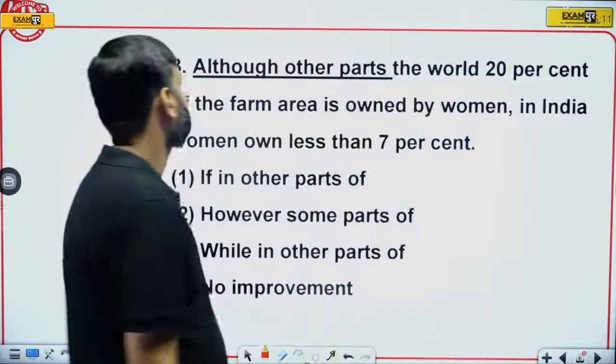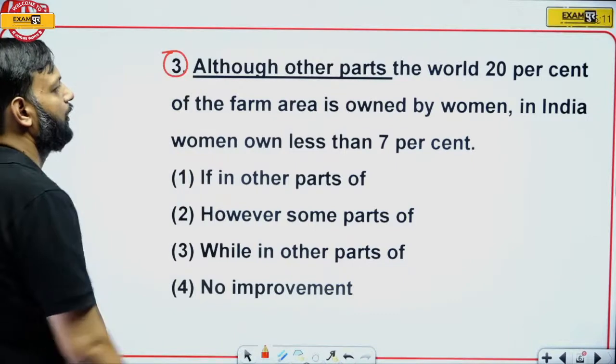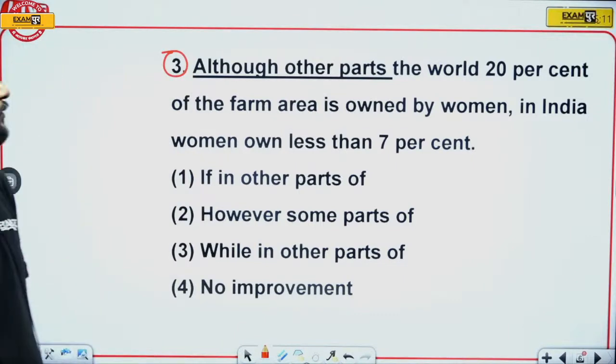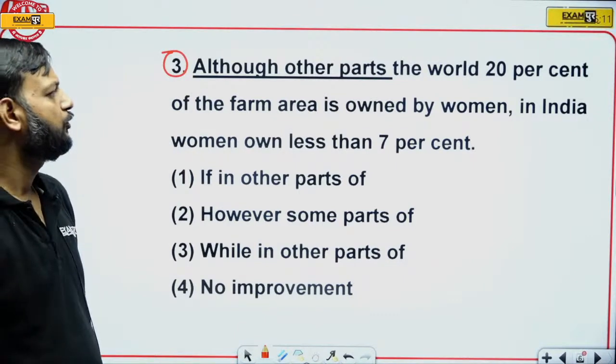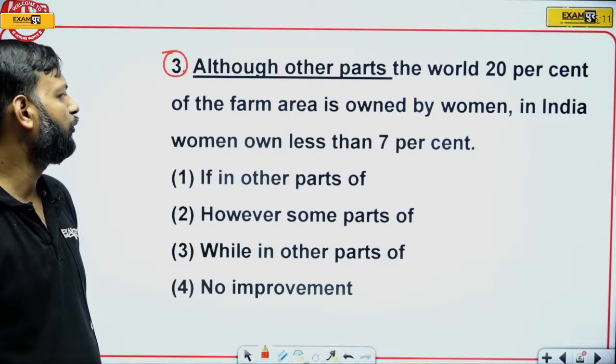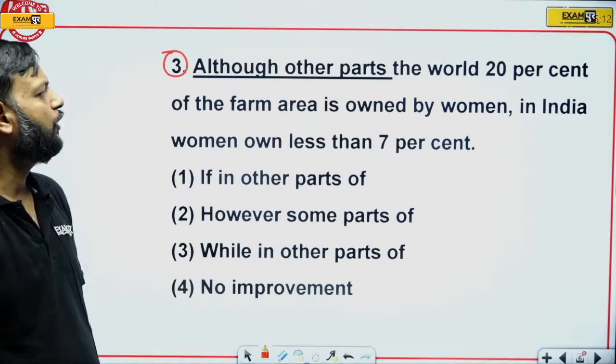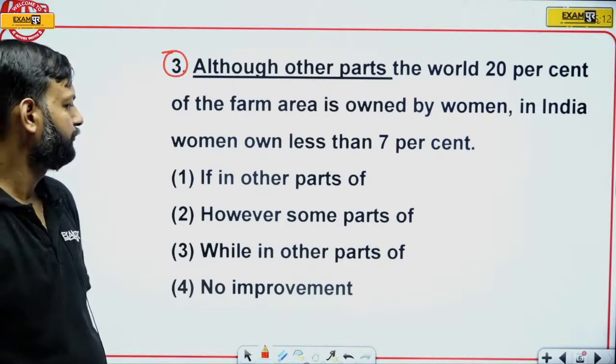Now the third question. Although other parts of the world, 20% of the farm areas is owned by women; in India, women own less than 7%. Although other parts.